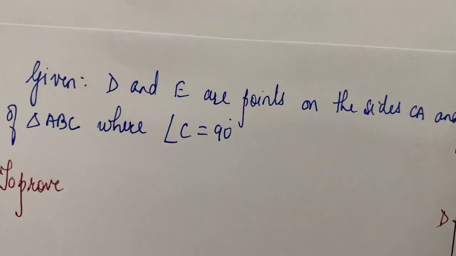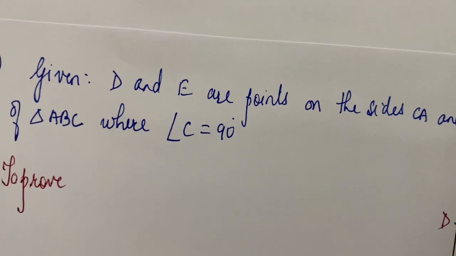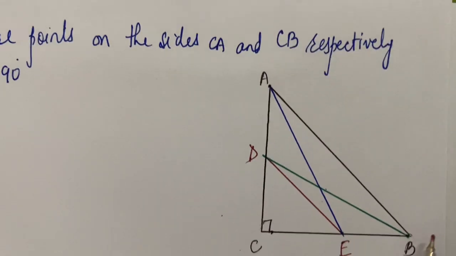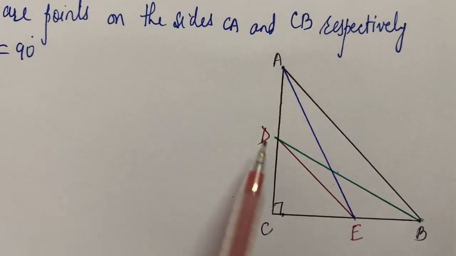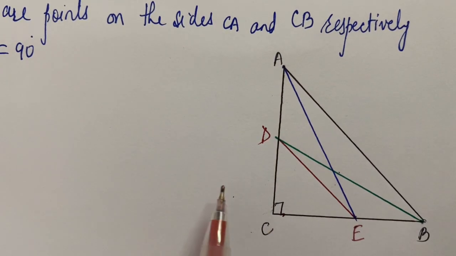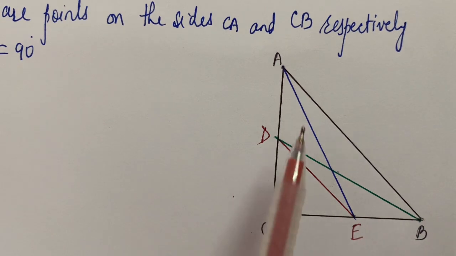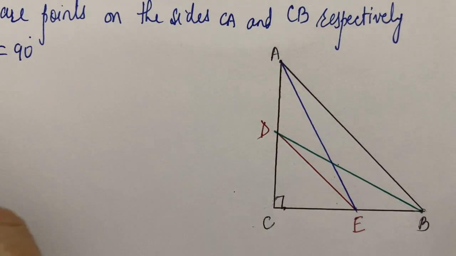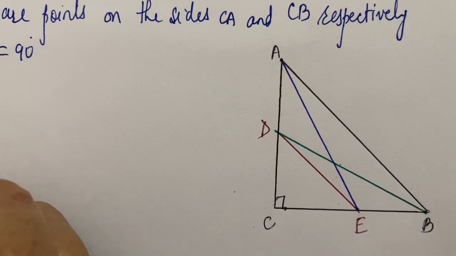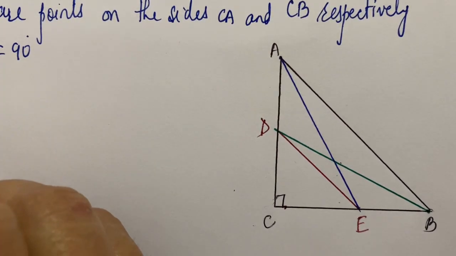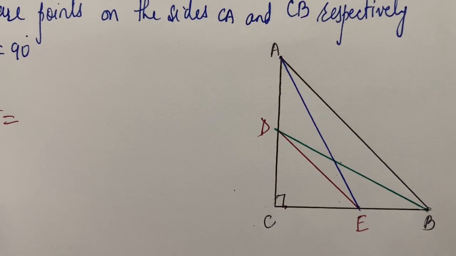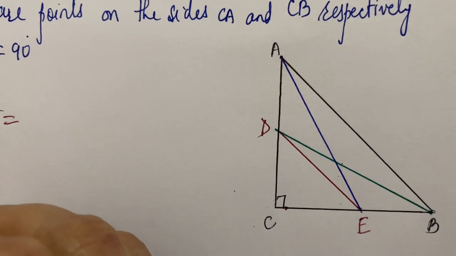You have to prove this: AE square plus BD square. Can you see the figure? AE square plus BD square is equal to what? That is equal to your AB square plus DE square. I hope you're getting that. To prove AE square plus DE square is equal to, not DE, DB.